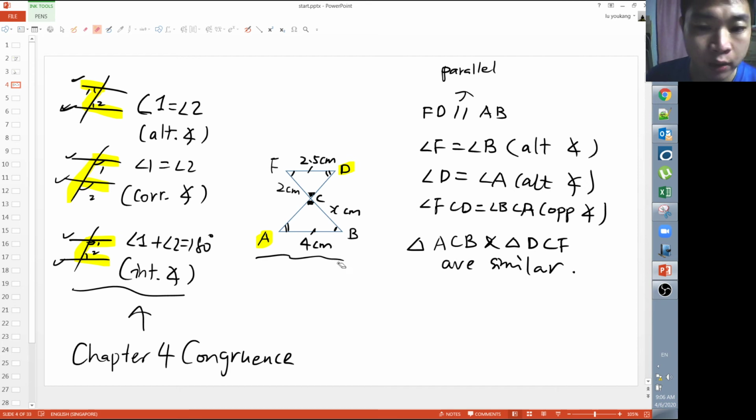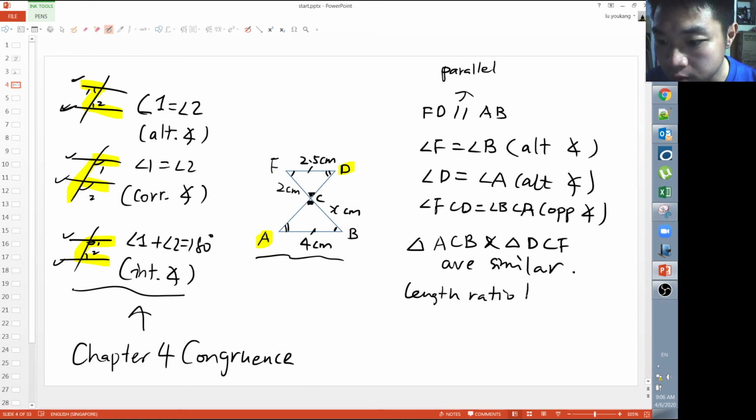But anyway, let's look at how we can make use of the similarity between the two triangles and solve for our x. If these two triangles are similar, the length ratio between the two triangles remains the same.